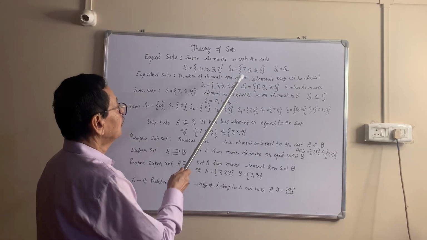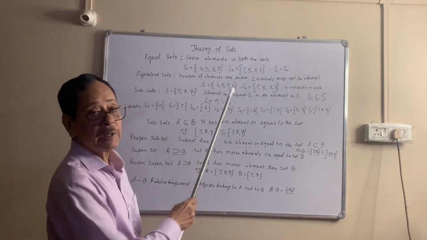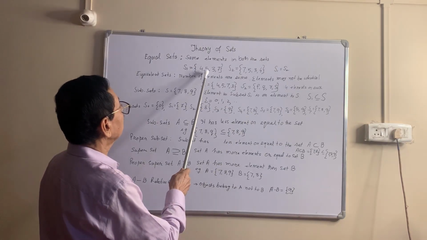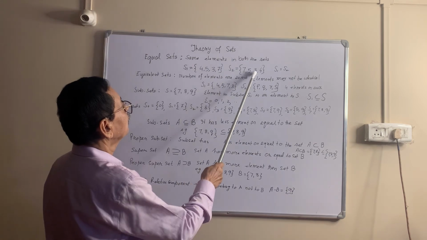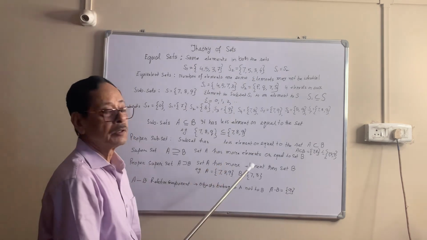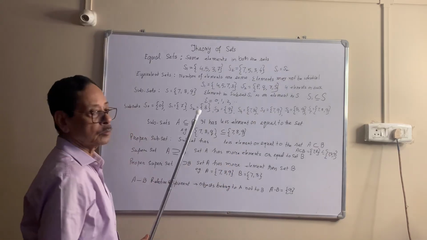Whatever their positions may be, the elements are the same: 3, 4, 5, 7. So set S1 equals set S2.